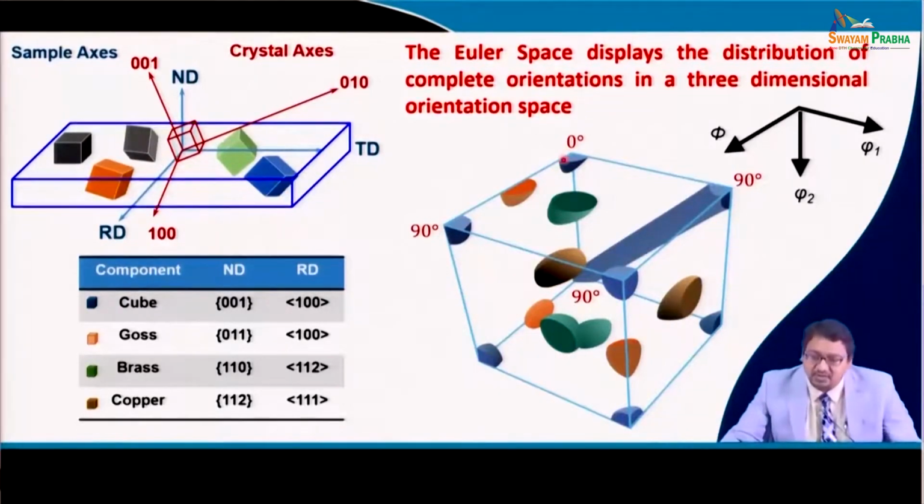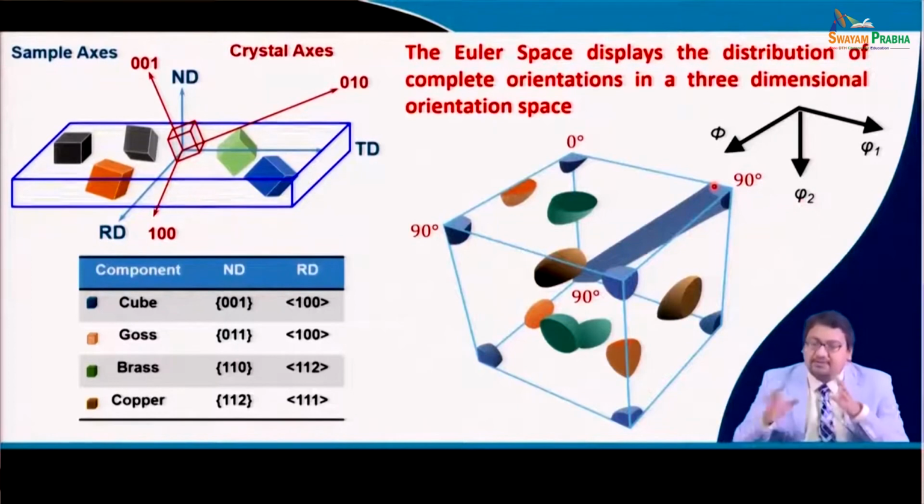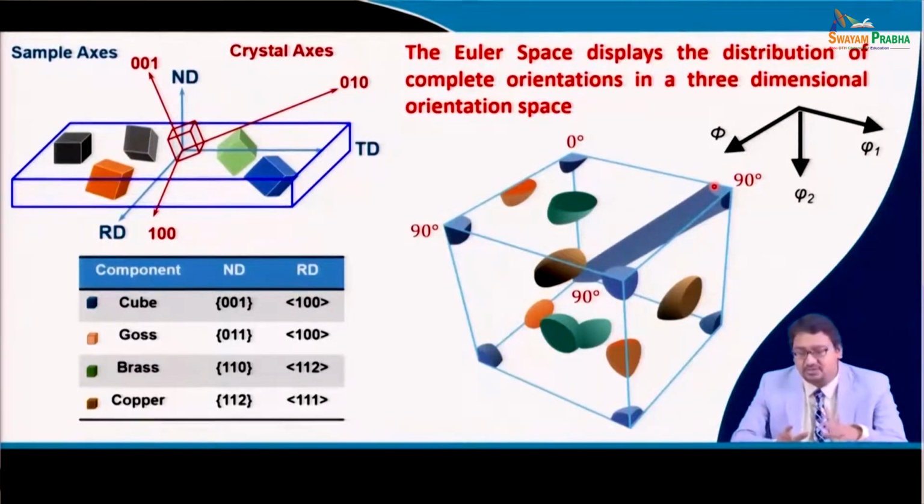So, you see we have taken a Euler space from 0 degree to 90 degree for phi 1, 0 to 90 degree for phi and 0 to 90 degree for phi 2. But before that, we will have to discuss this symmetry relationship in terms of crystal symmetry and sample symmetry, and that we will do later in this course.